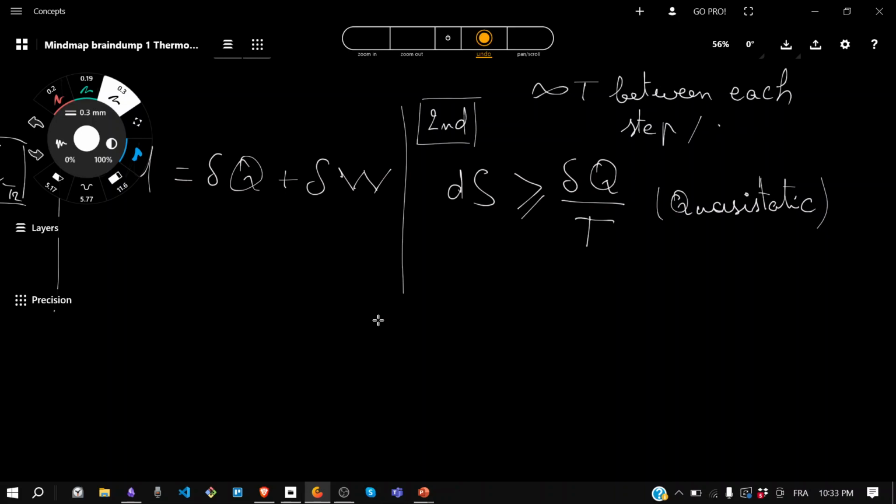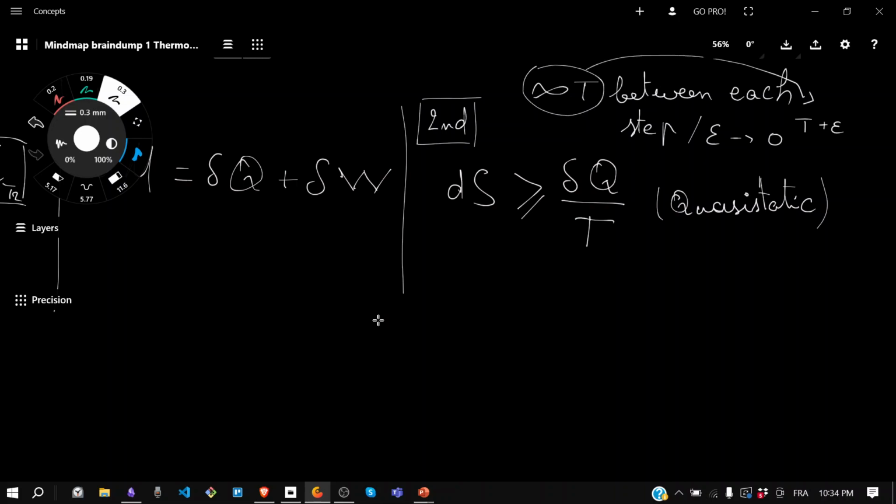Let's call it little e that is almost equal to 0. And so when q plus e takes an infinite amount of time. That's basically it.